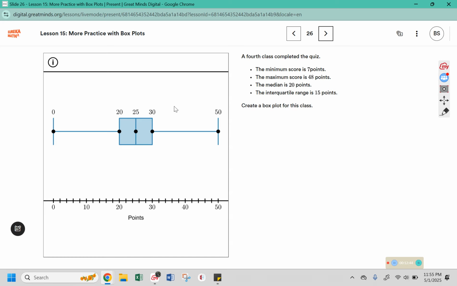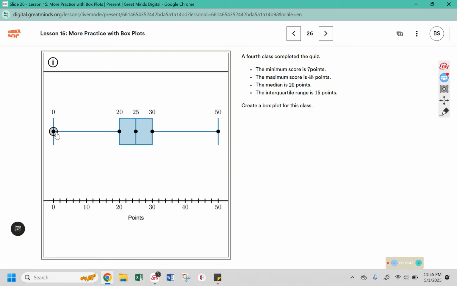A fourth class completed the quiz. Their minimum was 7. Their maximum is 48. And the median is at 20. So we got to scoot that middle line to 20. And the interquartile range is 15.